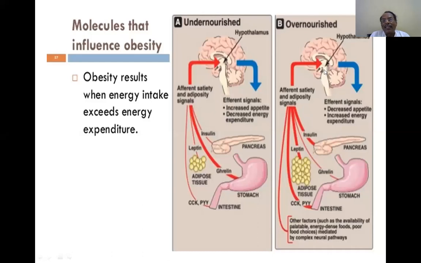In case of overnourishment, these hormones are cut short, and a different signal is given: decreased appetite, so not to take food, and increased energy expenditure, more energy to be expended. Other factors are the availability of palatable, energy-dense foods, poor food choices, mediated by complex neuronal pathways.